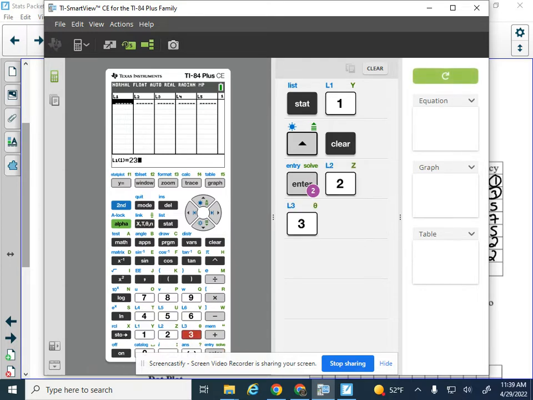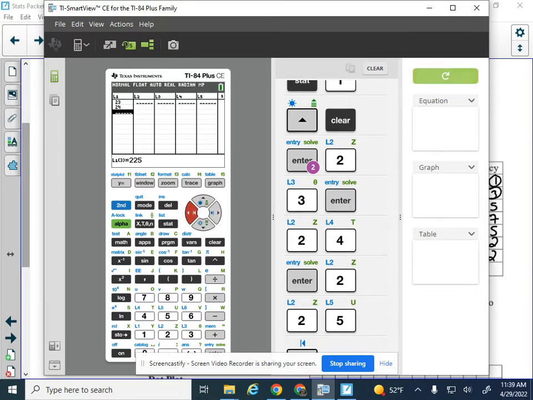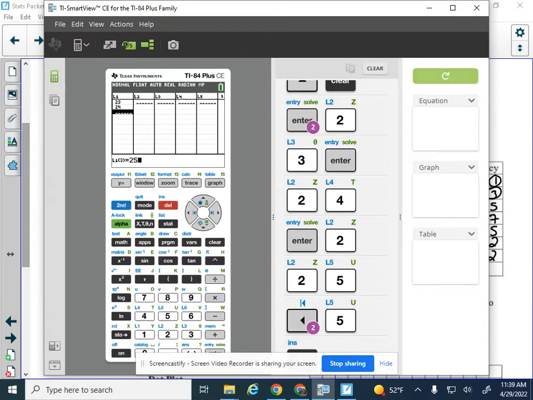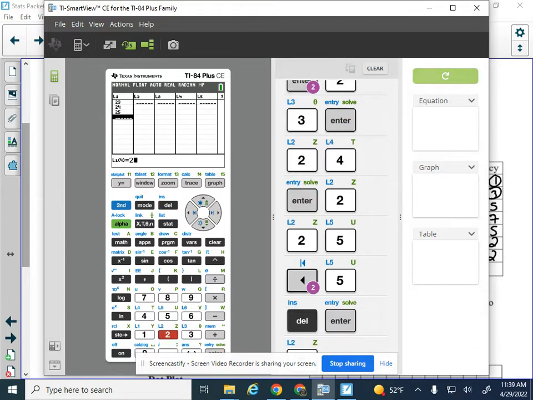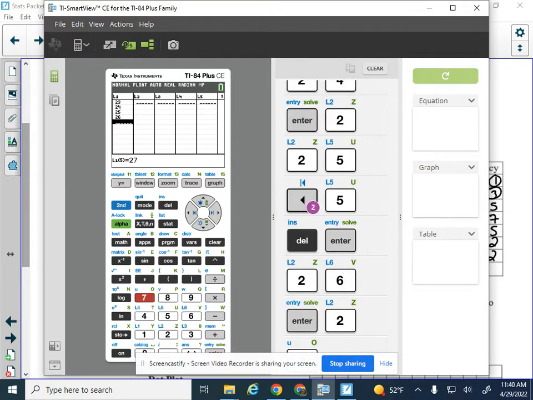So the 23, 24, 25, and just continue entering those numbers. So we have straight numbers from 23 to 29.